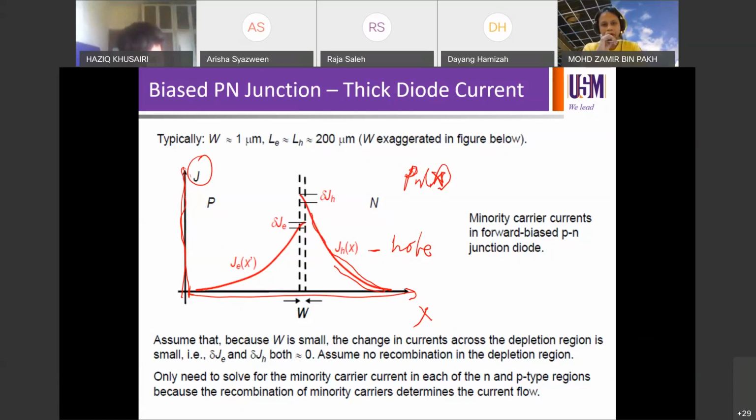And you can also see JE on the other side, just like the np(x) just now. And this central region is the depletion region, W.